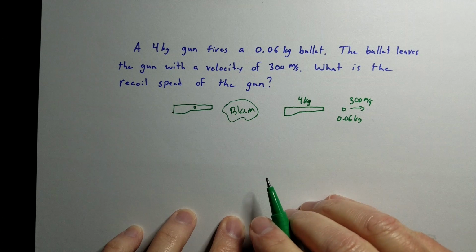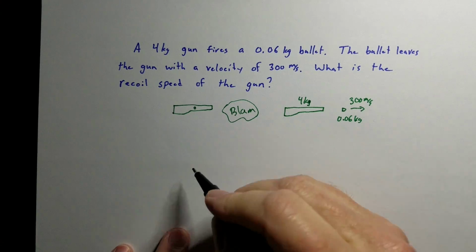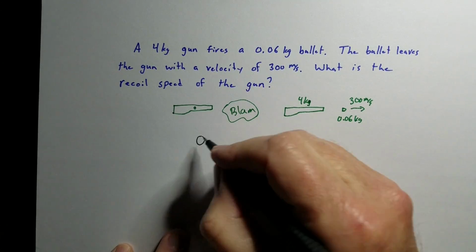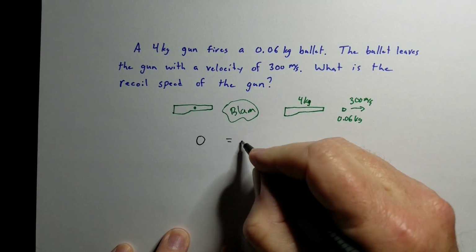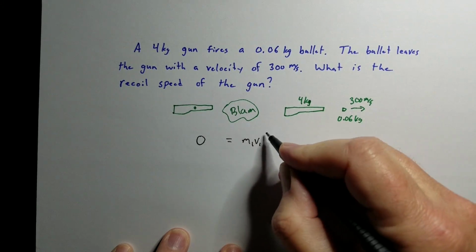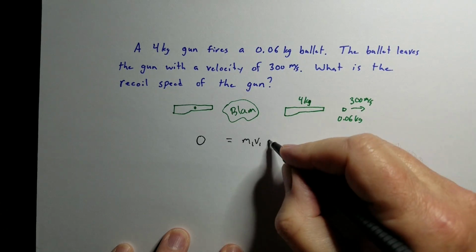Setting this up, you can just use total momentum before equals total momentum after, but we can also use that generic equation. So 0 equals the mass and velocity of the first object. You can put a prime there if you want for after the collision or after the explosion, but you don't have to.